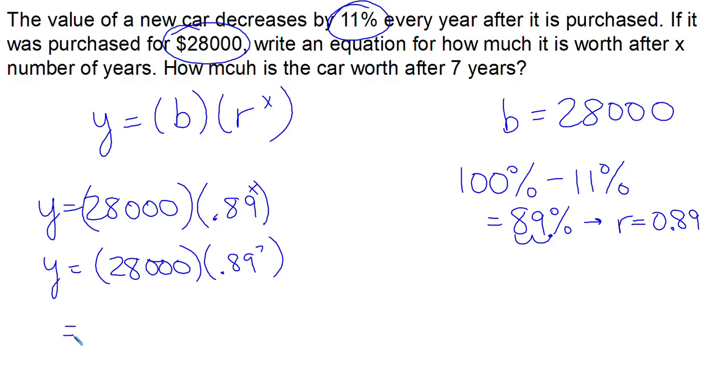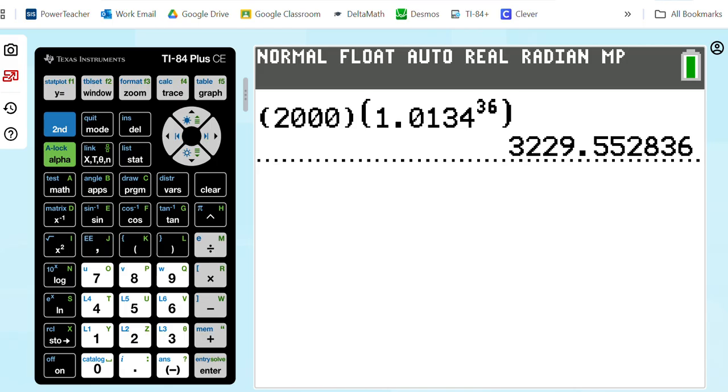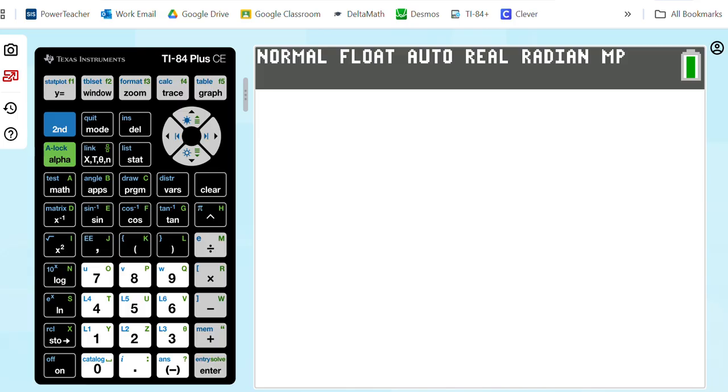So if we go ahead and put this into our calculator, we'll put in parentheses 28,000. And then in our second parentheses, we have 0.89 to the power of 7.